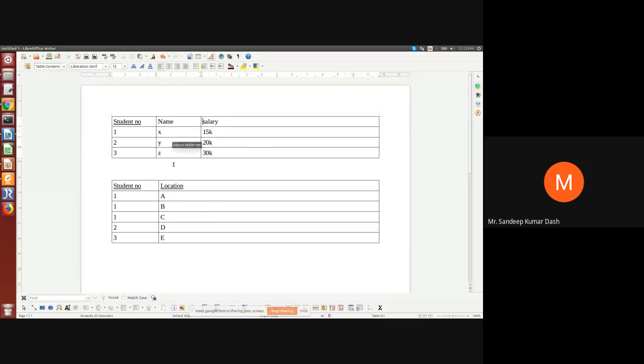Now both of them are in first normal form, because there is no multiple attribute or multiple value under a single attribute. And you also reduce the redundancy. Here you see how many are repeated. Only this one is repeated. Previously, whatever attributes you were having, all were getting repeated. 1x, 1x, 1x 15k, 1x 15k, those were getting repeated. Now only two values are getting repeated.